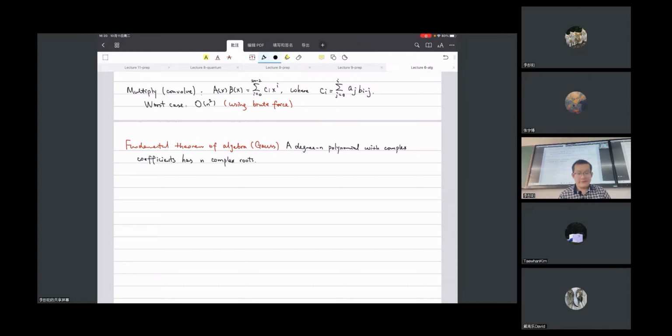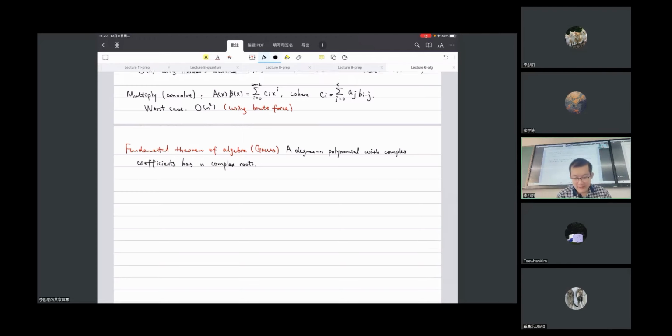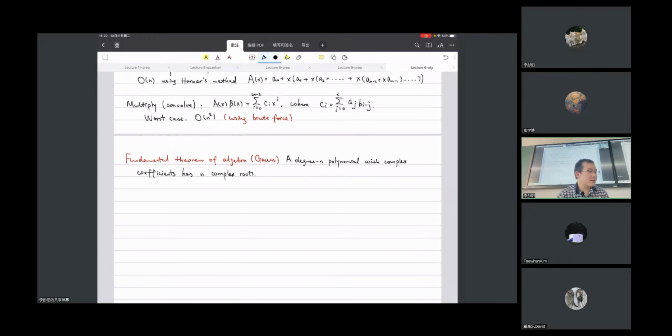So as long as you have a degree n polynomial with complex coefficients, the number of roots is exactly n here.